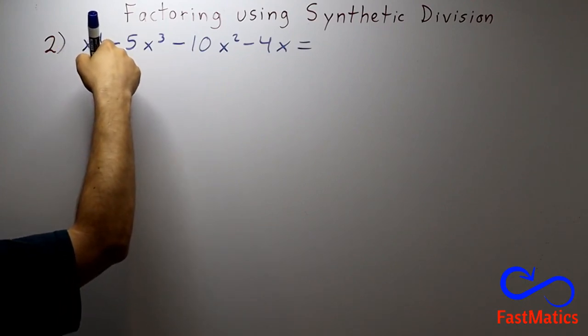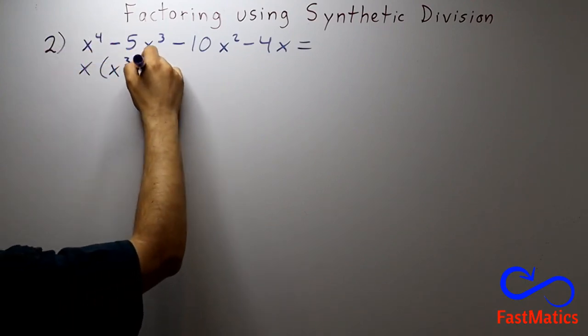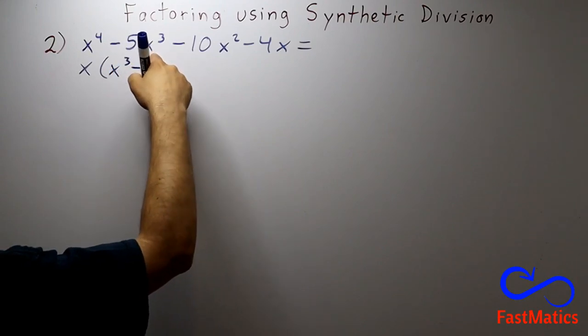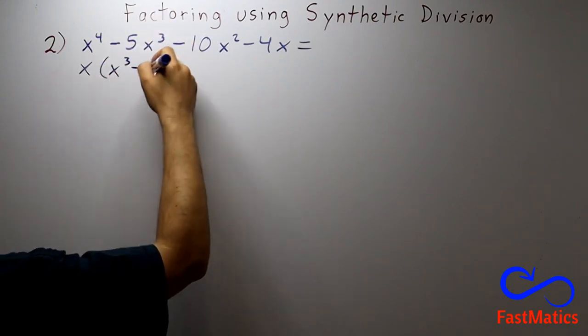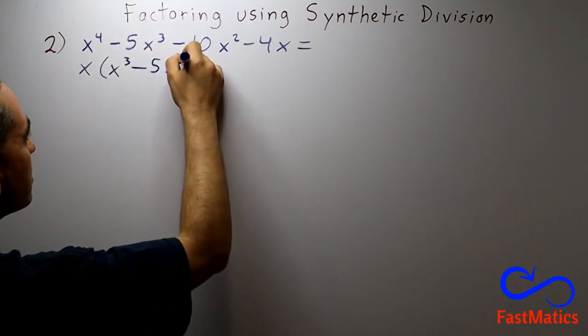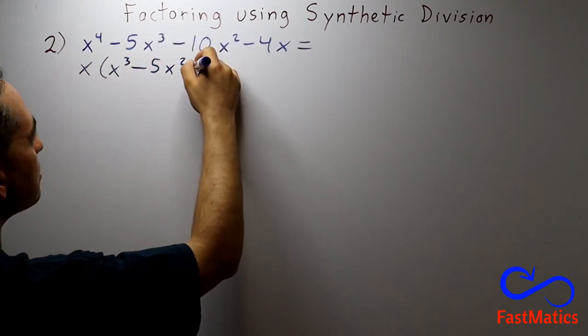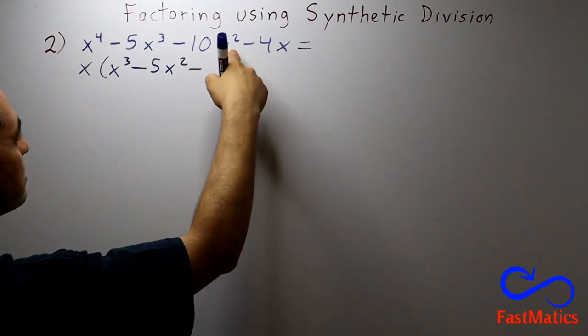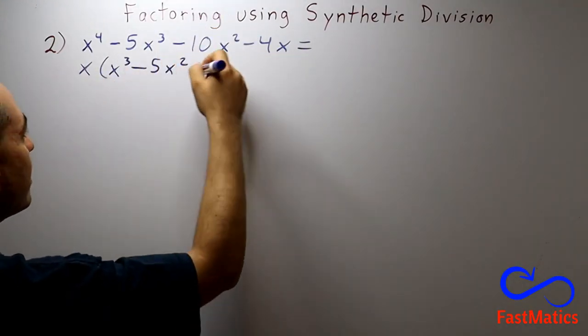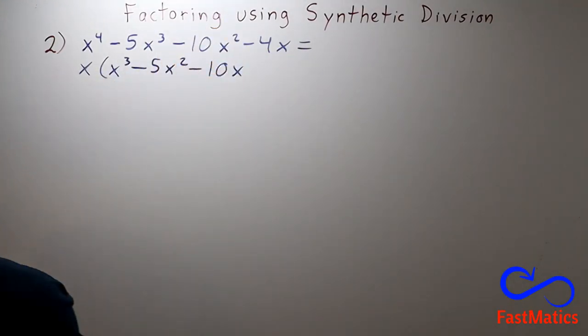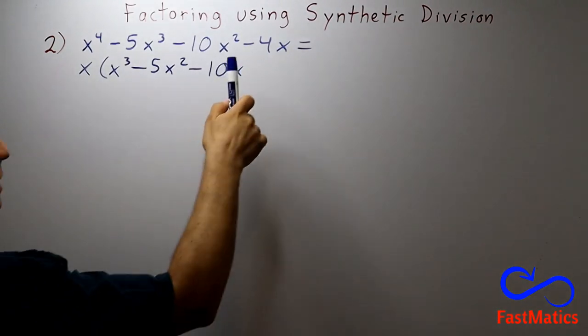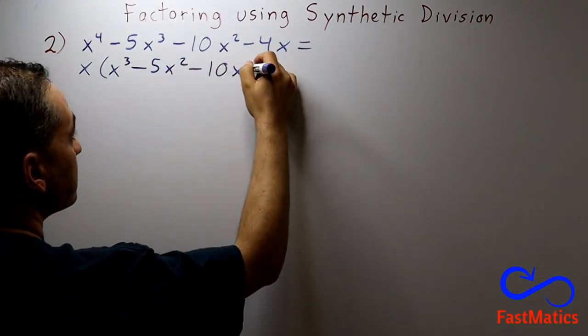After that, negative divided by positive, negative. 5x to the 3rd power divided by x, 5x to the 2nd power. After that, negative divided by positive, negative. 10x squared divided by x, 10x. And finally, negative 4x divided by x is negative 4.